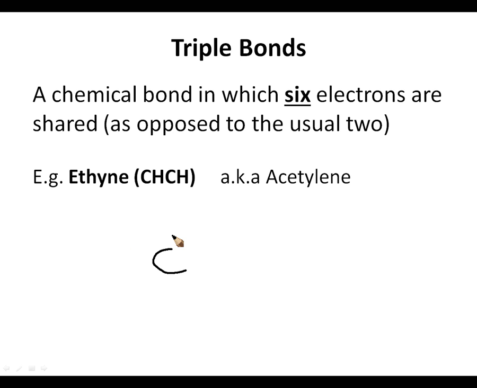So carbon has 4 valence electrons, and we know it's got 1 hydrogen on it, so that hydrogen is going to contribute 1 electron there. And we've got another carbon, and that has 4 valence electrons, and it's sharing with 1 hydrogen on this side too.